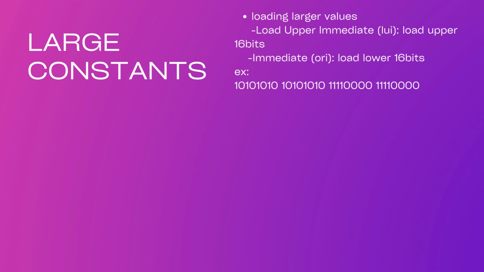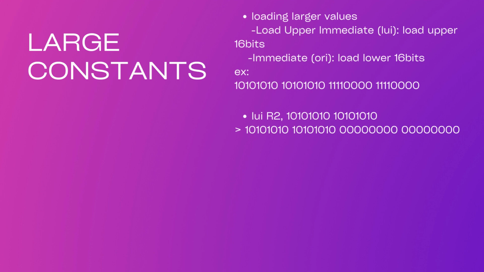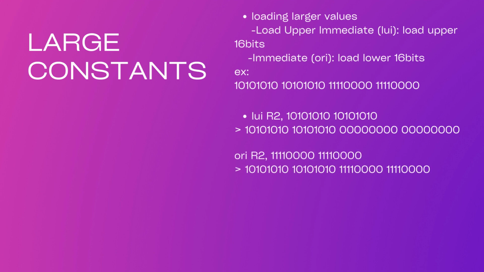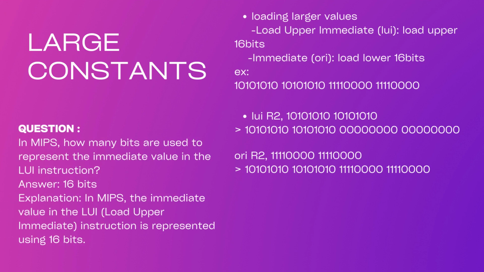For example, in machine language, in LUI R2, it changes like this. So put the zeros at the back. And for ORI R2, put the front machine language to the back.